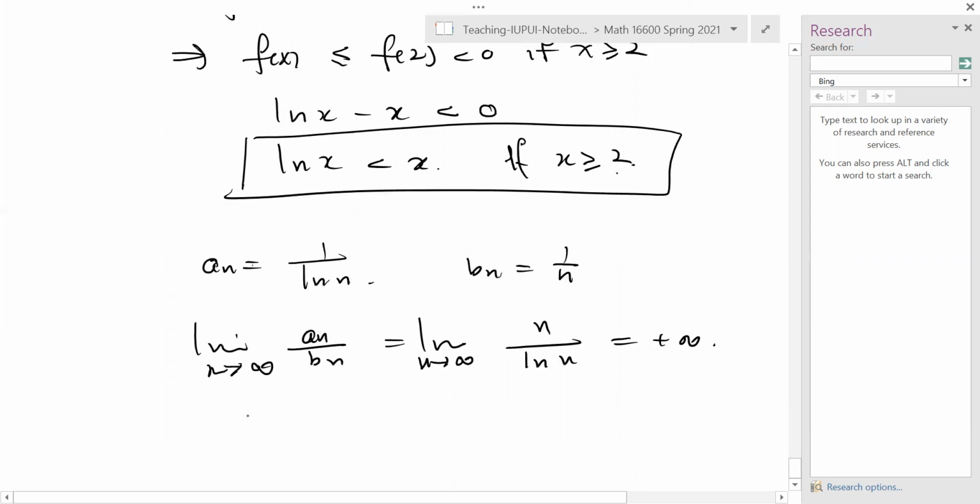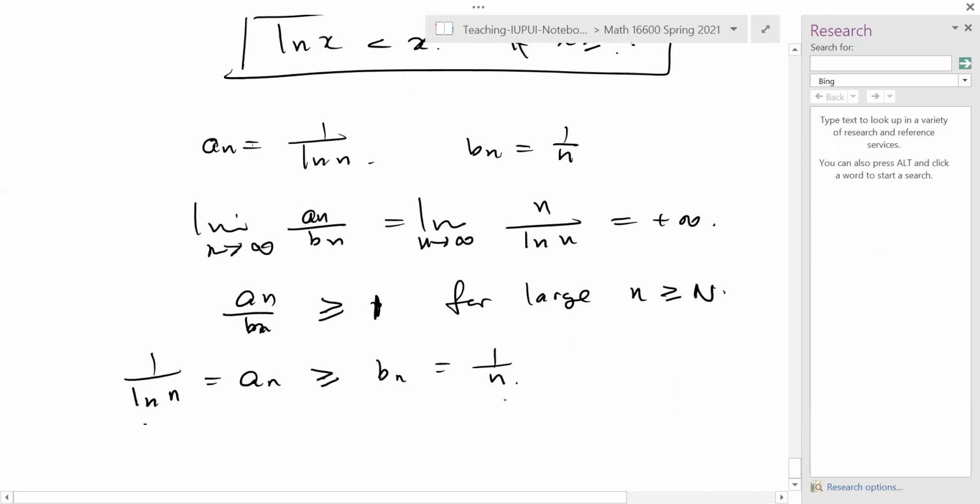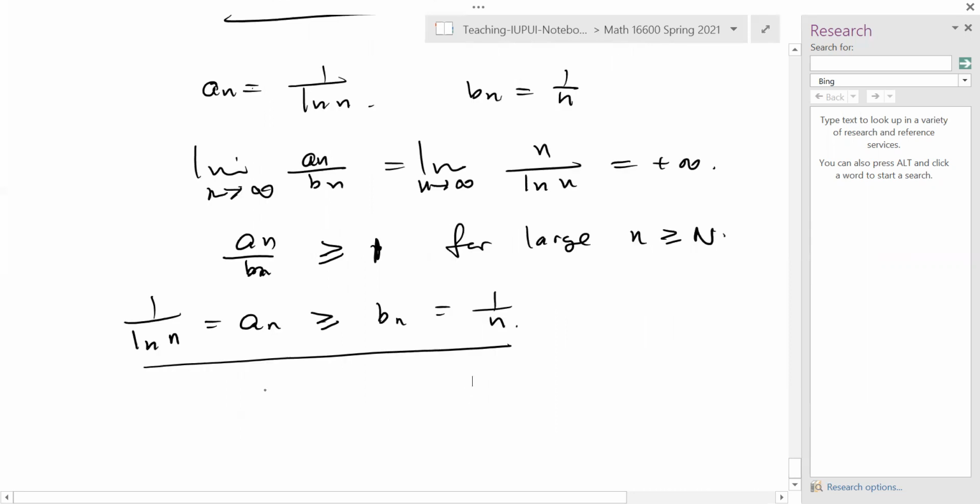Once you prove that's infinity, it means this ratio is greater than or equal to 1 for large n, say n greater than or equal to some capital N. We don't need to know the exact value. Then a_n is greater than or equal to b_n, where b_n is 1 over n. You still get this conclusion, and using that you can prove that the series is divergent.